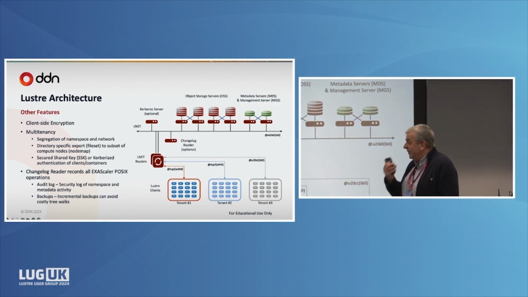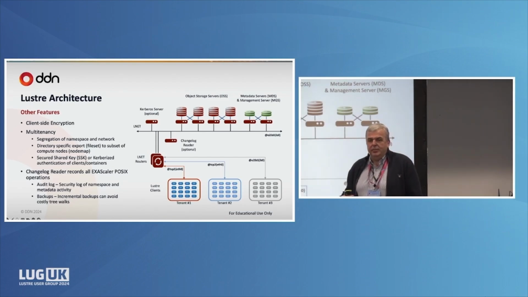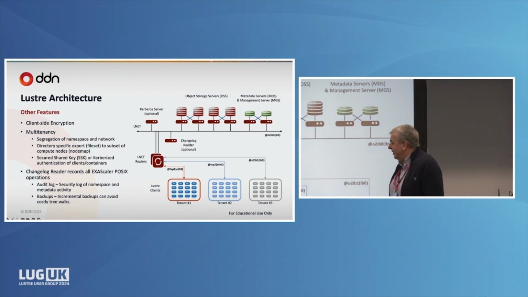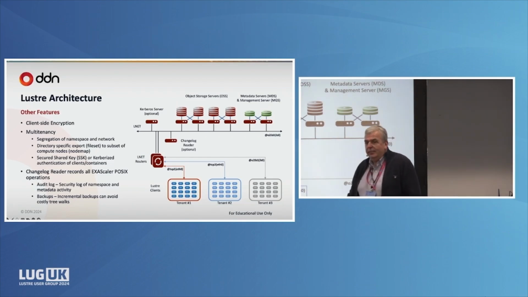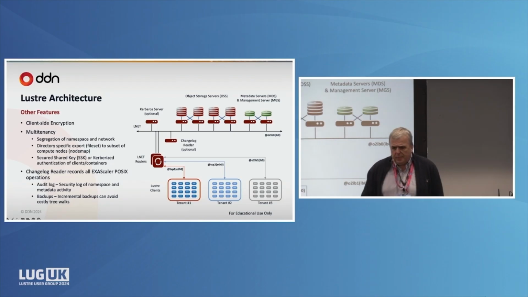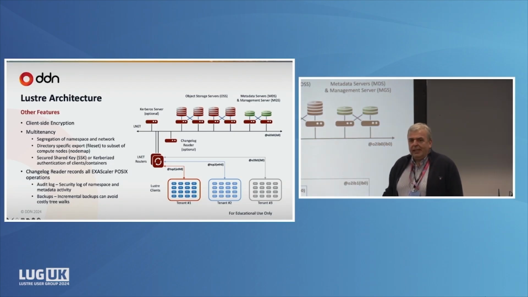So Lustre has a nice feature we call multi-tenancy. Now, it's not administrative multi-tenancy, like if you go to AWS, where you administer environments. What we're saying here is, if you create a tenant and you have multiple tenants, we could have multiple collections of users, of computers.